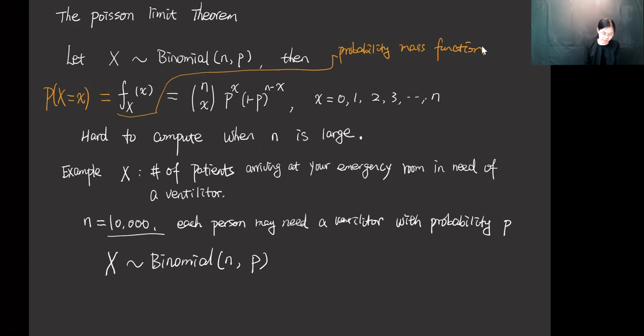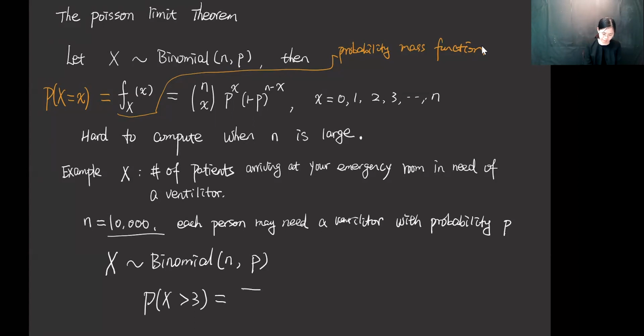But you know it is a binomial, and for this binomial distribution, the n is huge. Suppose you want to calculate the probability that X is greater than 3. What's the probability that you need more than 3 ventilators?